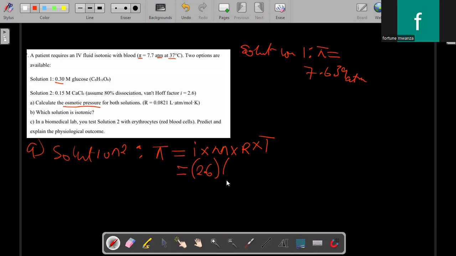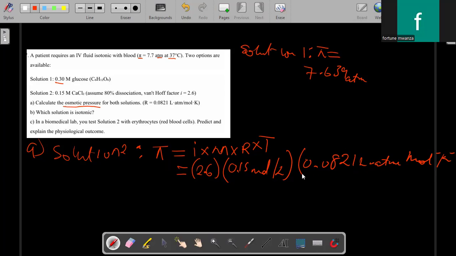Then the molarity we've been given is 0.15 mole per liter. The gas constant is 0.0821 liters atmosphere per mole Kelvin.